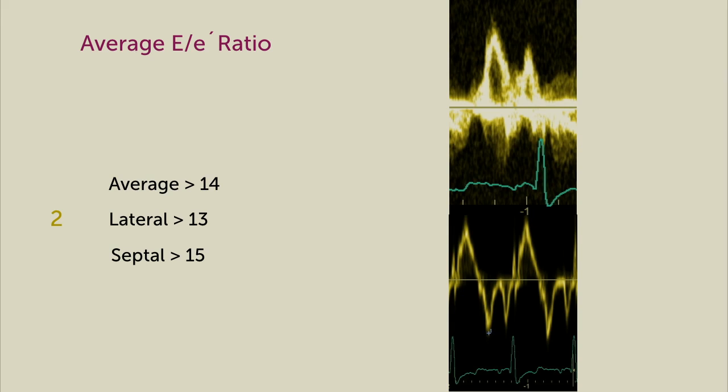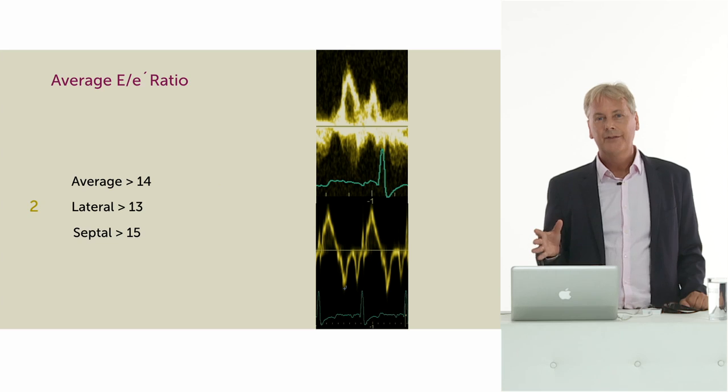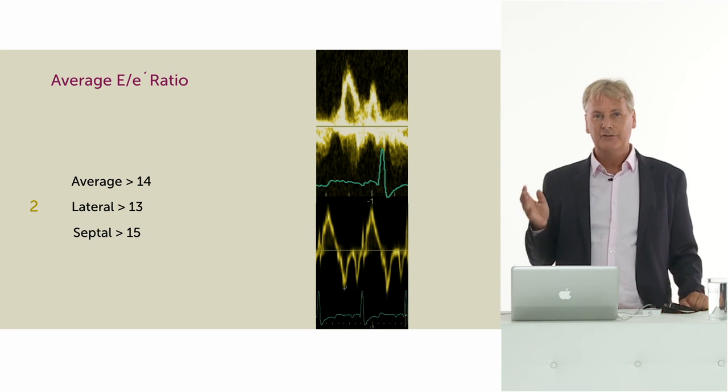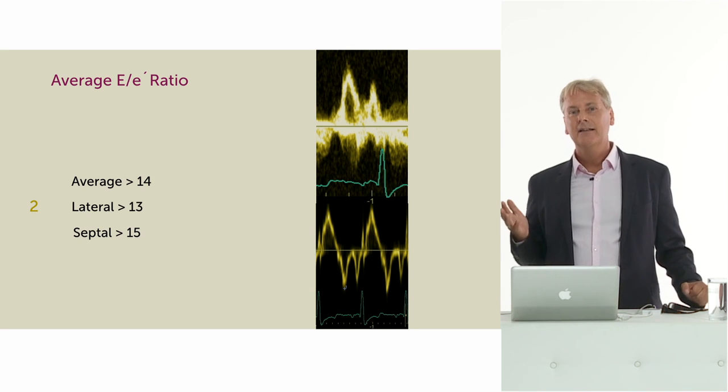Okay, good. The next parameter. That's what I told you. You have to average E over E prime, and you have to look at the ratio. There's a cutoff value of 14, and it shouldn't be above. Right. And the authors do account for the fact that some centers don't measure both. They only measure one, and so they also give cutoff values for the lateral and the septal.